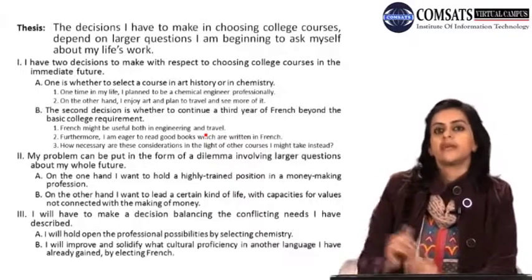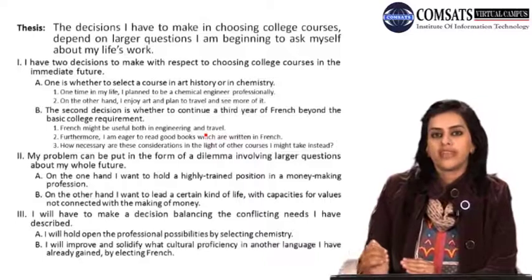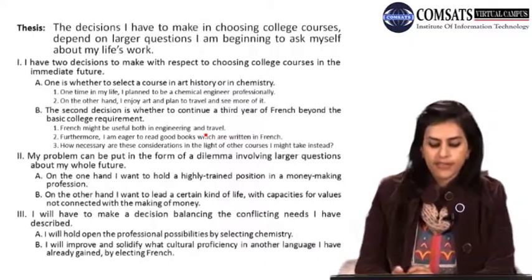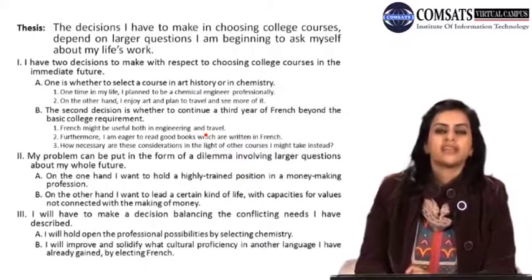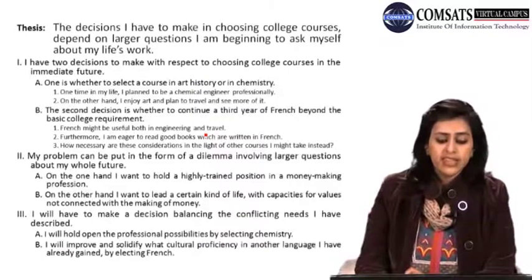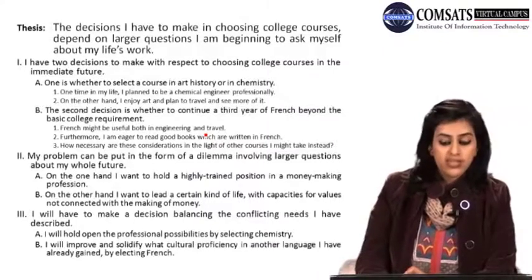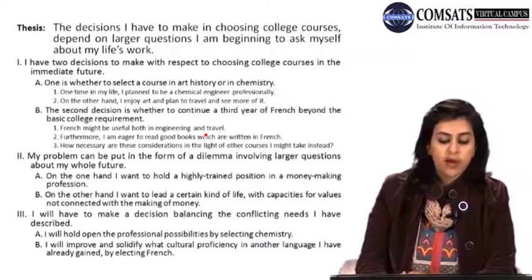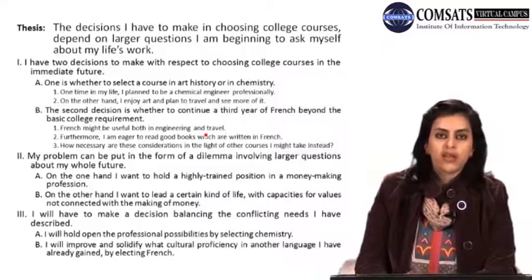Now make sure that you are going to stick to the topic that we have floated, that is decisions for college and after, before and after the college. The decisions I have to make in choosing college courses depend on larger questions I am beginning to ask myself about my life's work.